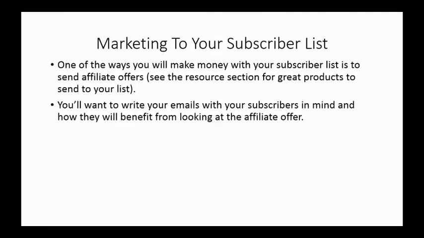Now, when you do this, you will want to write your emails with your subscribers in mind, and you want to talk to them about how they're going to benefit from looking at the affiliate offer. In other words, you don't want to talk a lot about all of the various features of the item or of the offer. You don't want to talk about how wonderful it is.